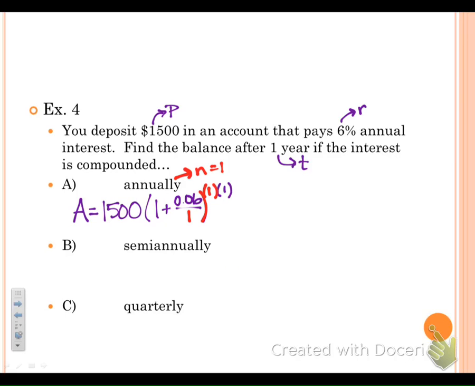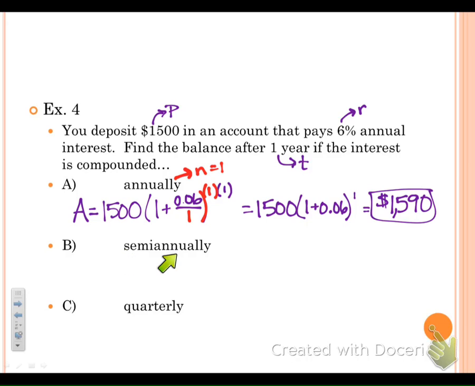I have to do a few things before. I can't just compute it all at once. Maybe I can do some of this in my head, like 0.06 divided by 1 is just 0.06. This exponent, 1 times 1, I just have an exponent of 1. So maybe in my calculator, I'll put 1,500, open parentheses, 1 plus 0.06. Some of you could do that addition in your head. Raised to the first power.